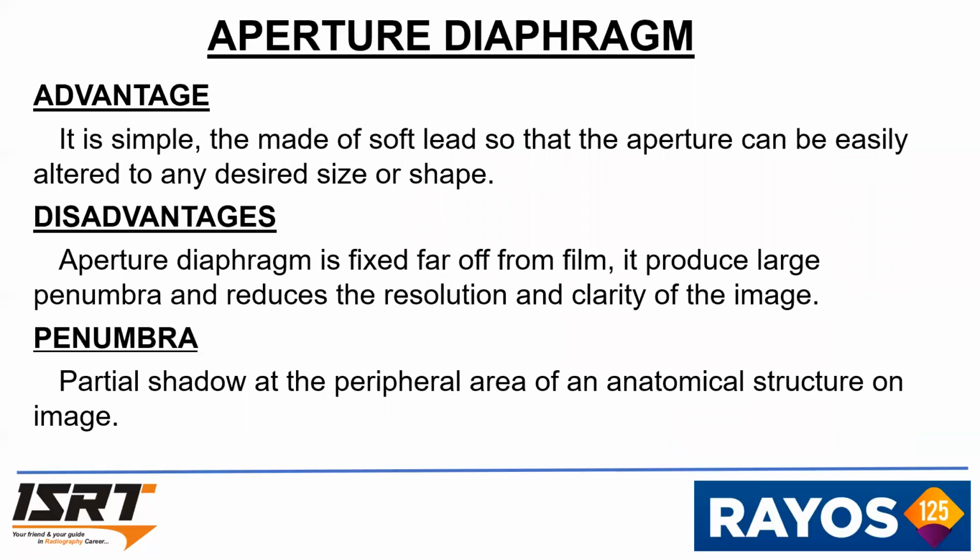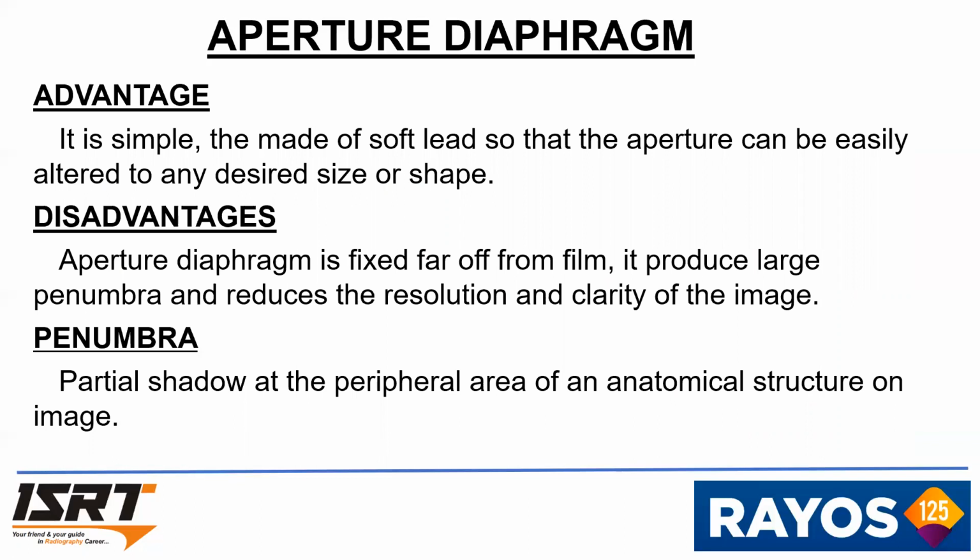The advantage of using this kind of aperture diaphragm is that it's very simple, and since it's made of soft lead, the diaphragm can easily be altered in size and shape.